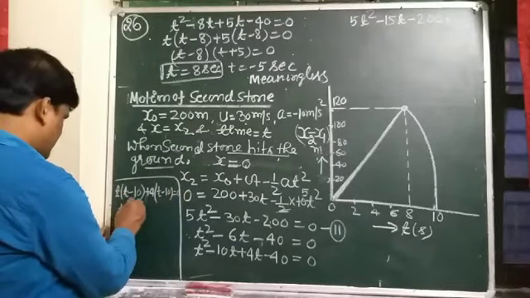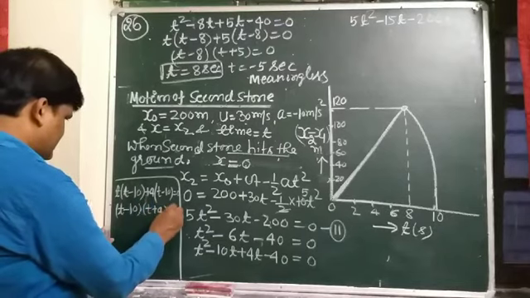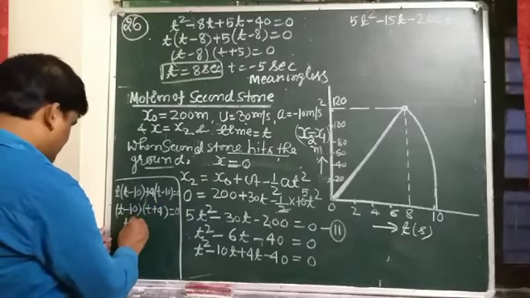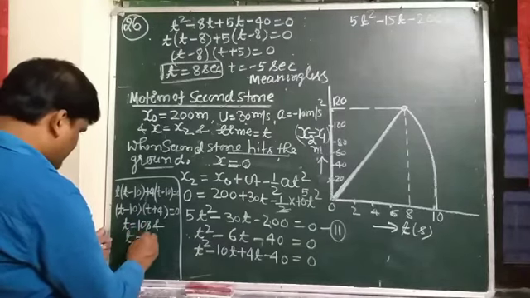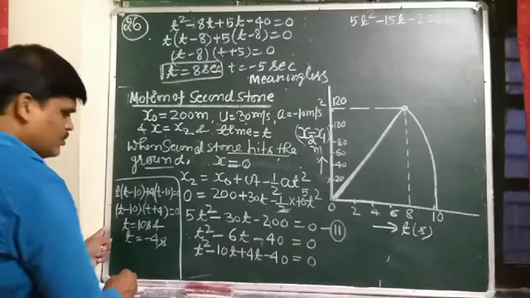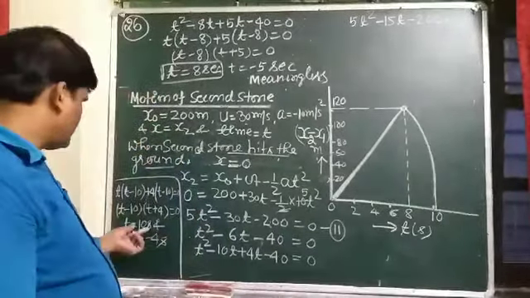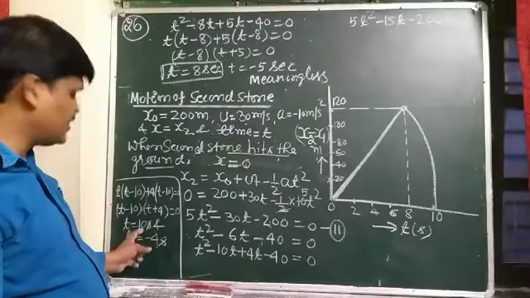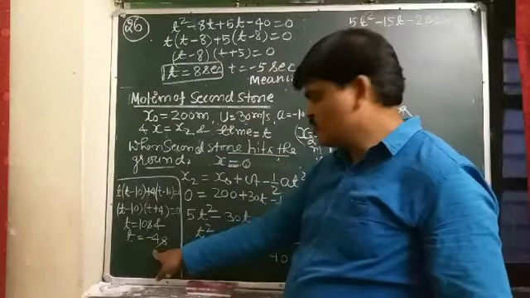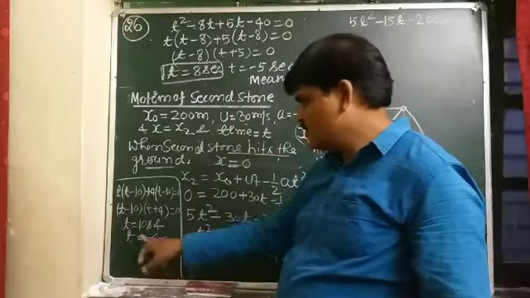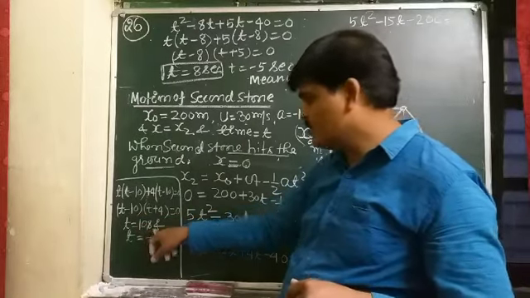So t minus 10 and t plus 4 in the second case, so t equal to 10 second, and t equal to minus 4 second. T equal to minus 4 second is meaningless. So after 10 seconds, the second stone hits the ground.